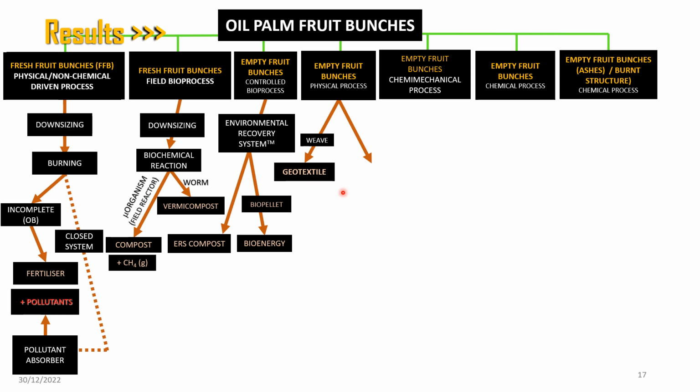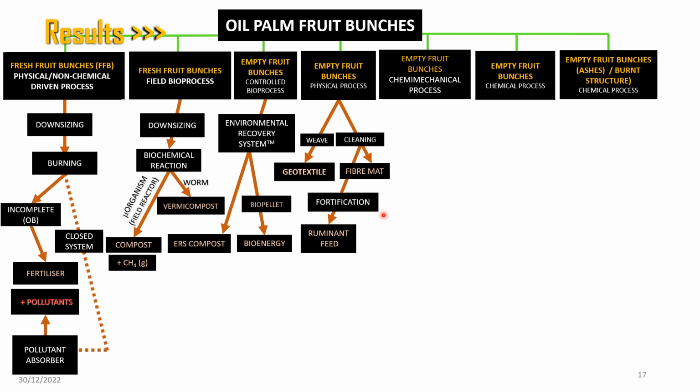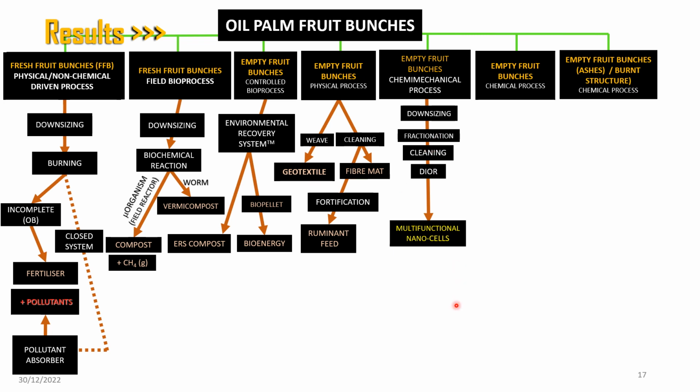The easy processes not involving chemicals are also offered by geotextile production or fiber mat production, and direct fortification of EFB allows it to be used as permanent feed, while the more complex chemical processes can produce many interesting things but involve a lot of cleaning and water intensive processes, to get various forms of pulp.